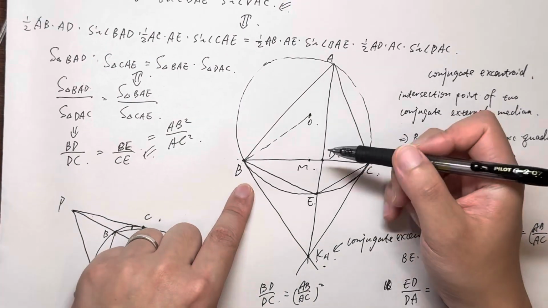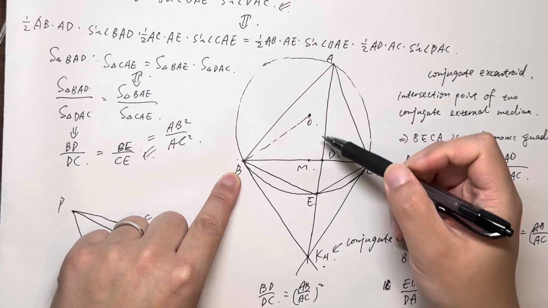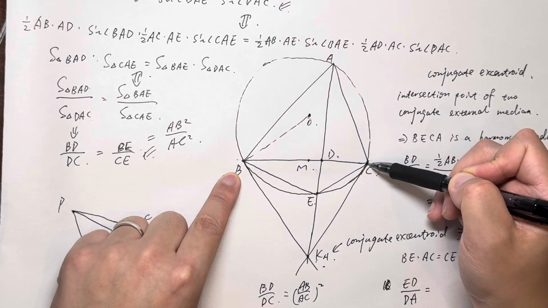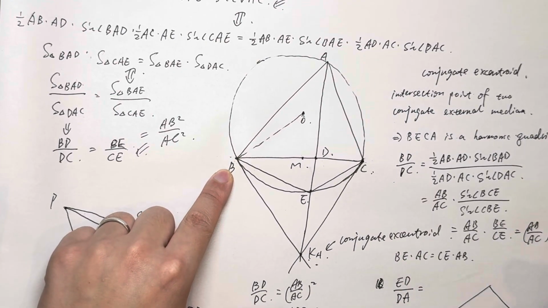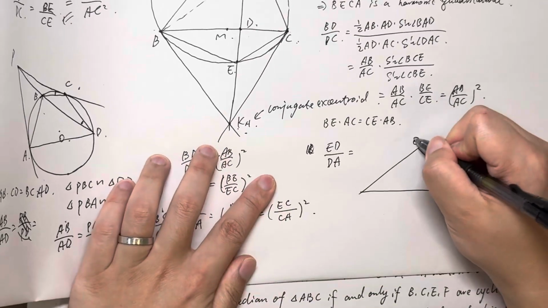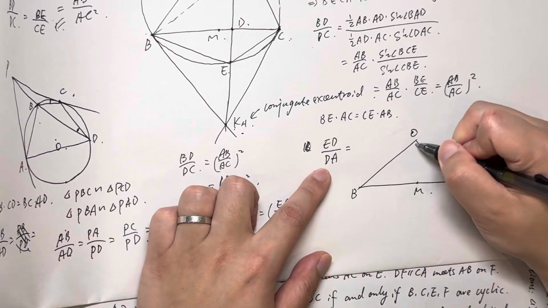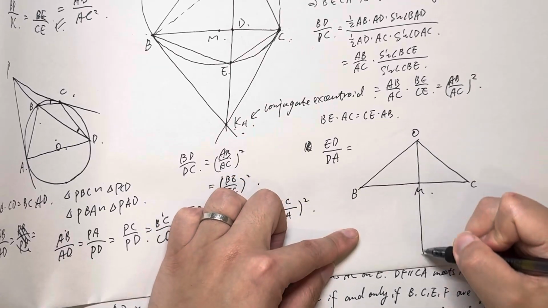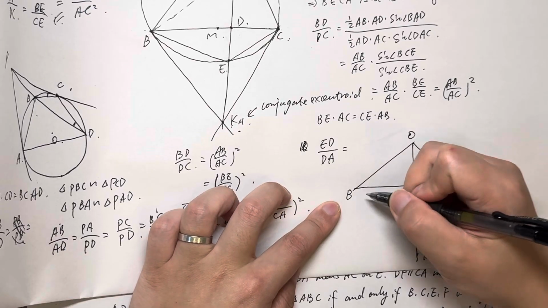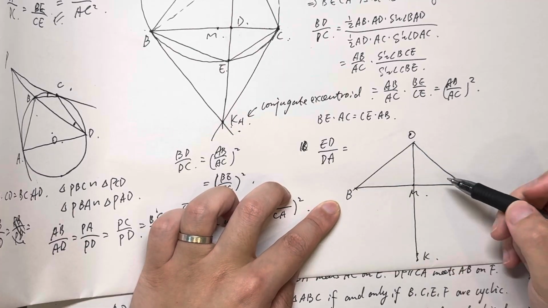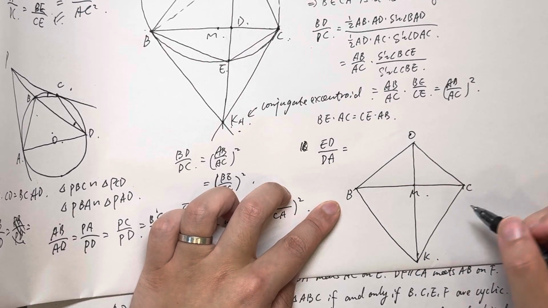So let me explain. We connect OM and extend it to meet the circumcircle of the triangle OBC at a point K. This is the triangle OBC and this is the point M, and because OB equals OC, we find another point K on the circumcircle of the triangle OBC, which means OBKC is a cyclic quadrilateral.